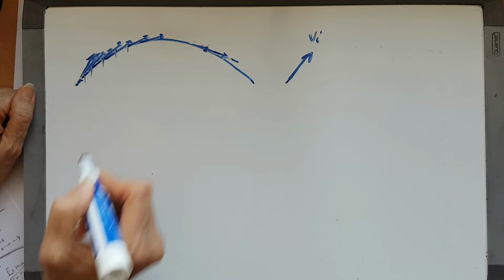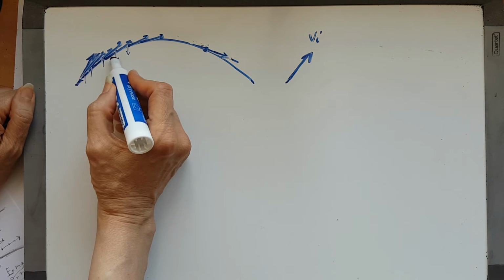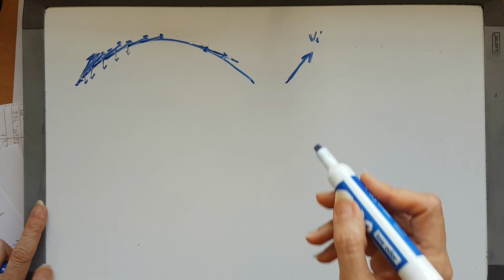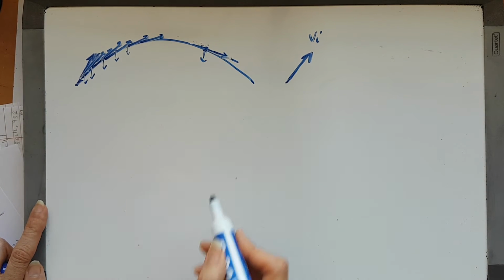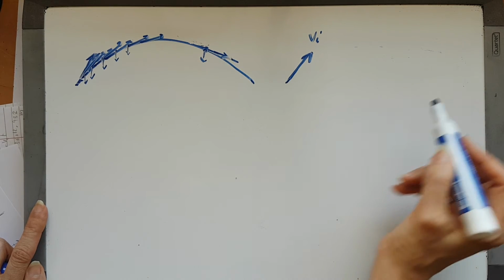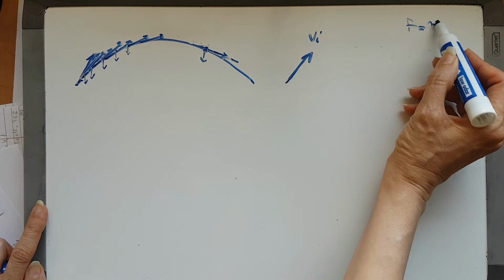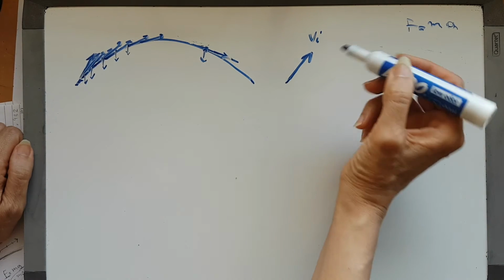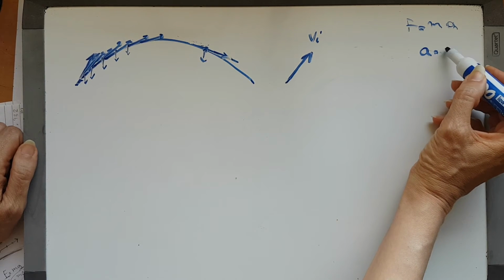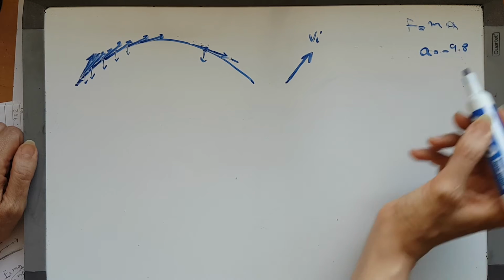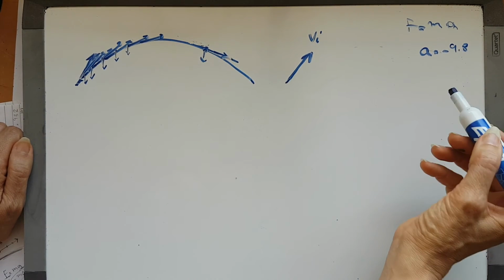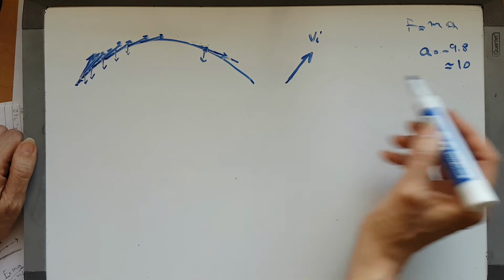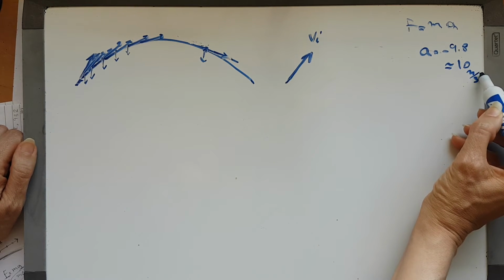It is a downward force, and you know that force causes acceleration. So the acceleration of gravity, which we know is actually negative 9.8, which we usually consider as 10, almost 10. So this is gravity, meter per second squared.